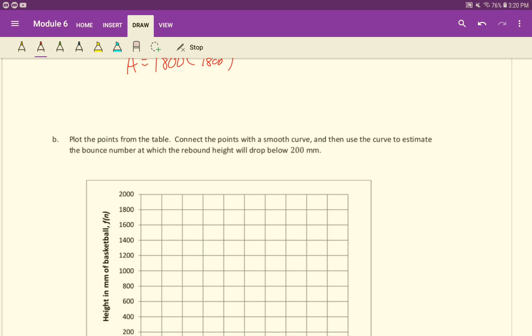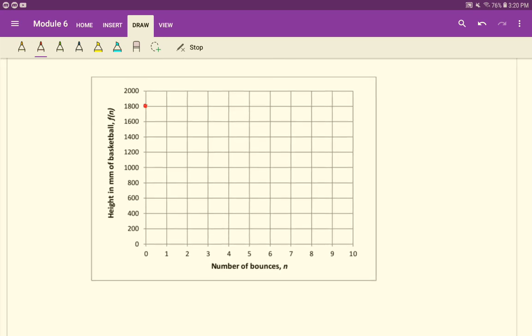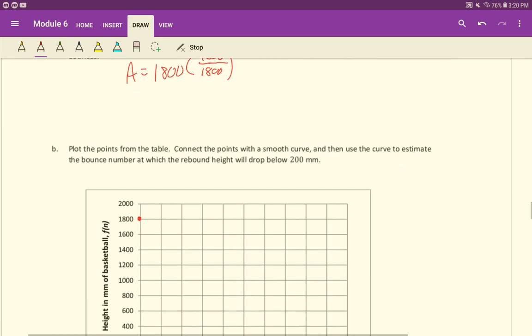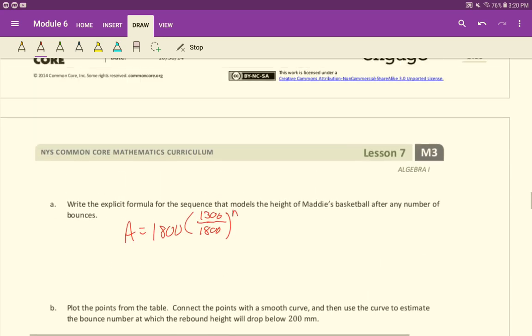Okay, so now we're supposed to plot these points from the table and then connect the points with a smooth curve and use the curve to estimate the bounce number at which the rebound height will drop below 200 millimeters. Of course, we could also solve for this too, but let's go ahead and use the graph. So number of bounces, well, at 0 it was 1,800. At 1, it's 1,300. So that's halfway between there.